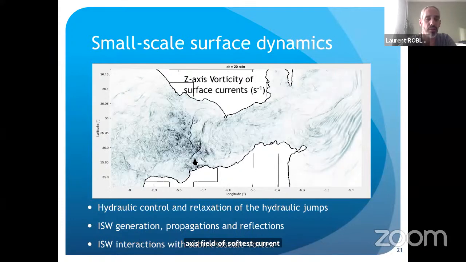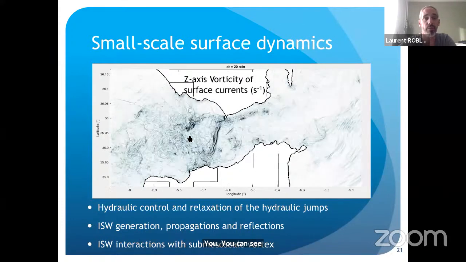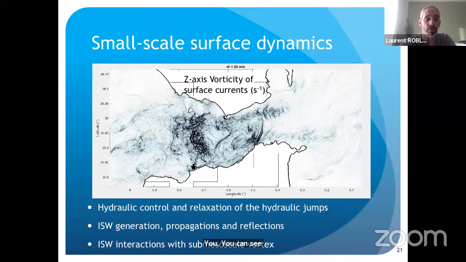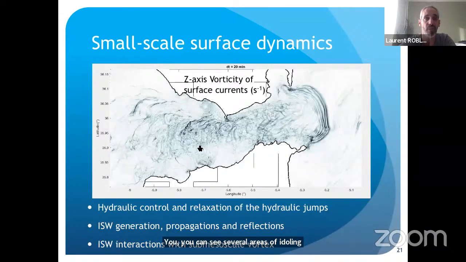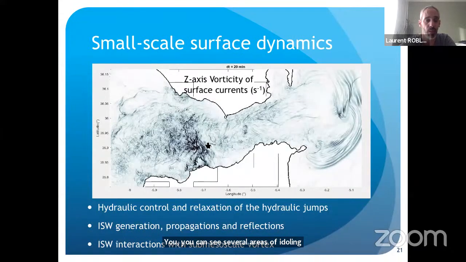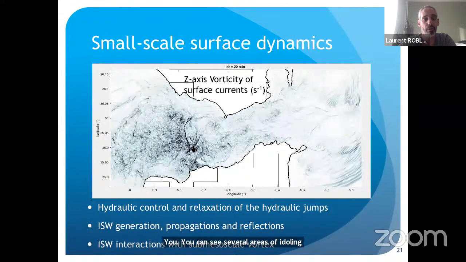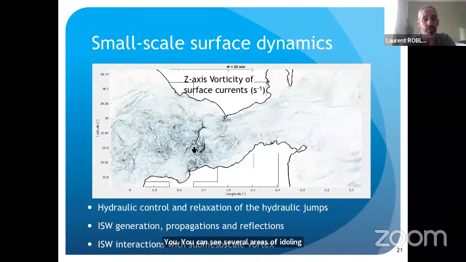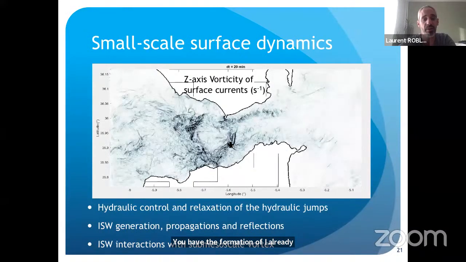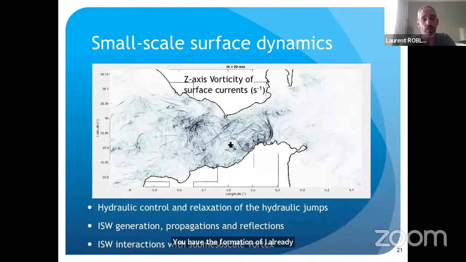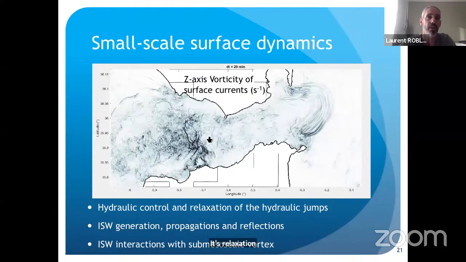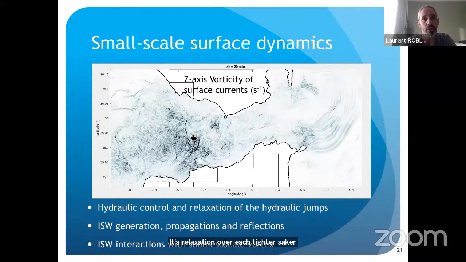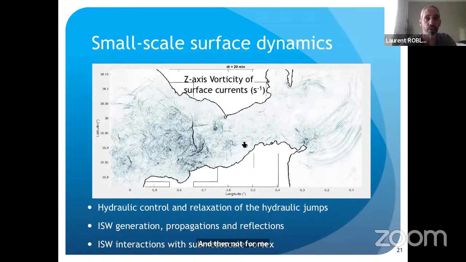You can see several areas of hydraulic control. The main control is here over the Reional sill and Spartel sill. You have the formation of a hydraulic jump, then its relaxation over each tidal cycle. Another formation, and then the relaxation.